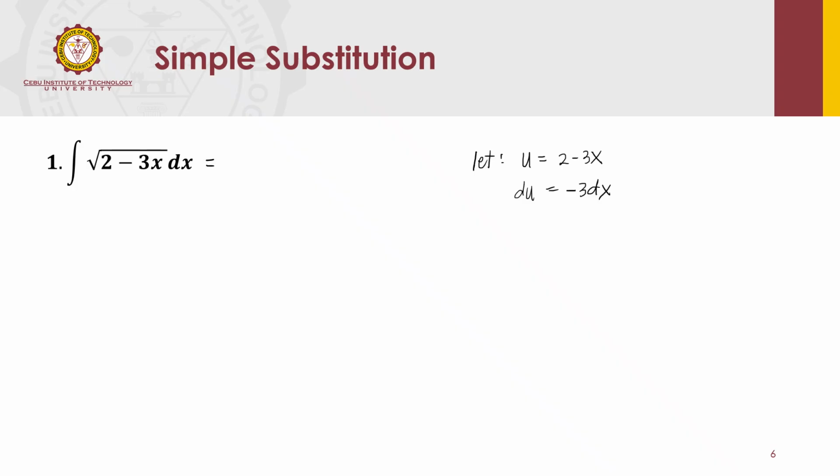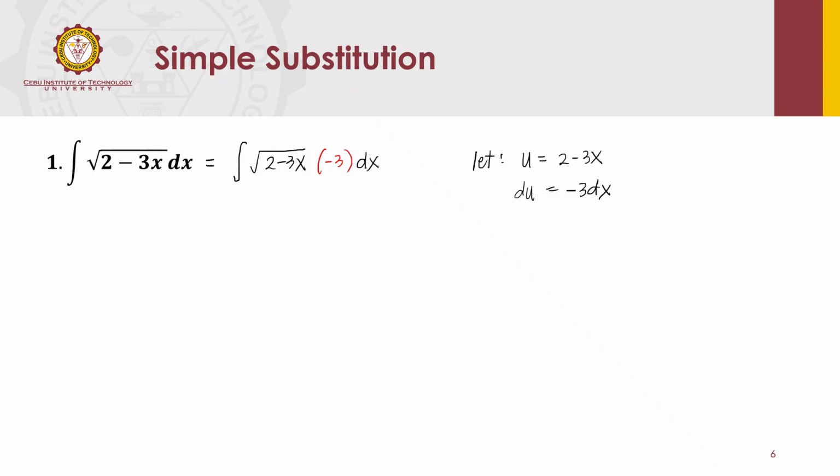So leave a little space in case we need a neutralizing factor. So square root of 2 minus 3x. Then we insert a -3 here to complete the du. And since we placed a -3, we must balance it by putting its reciprocal.